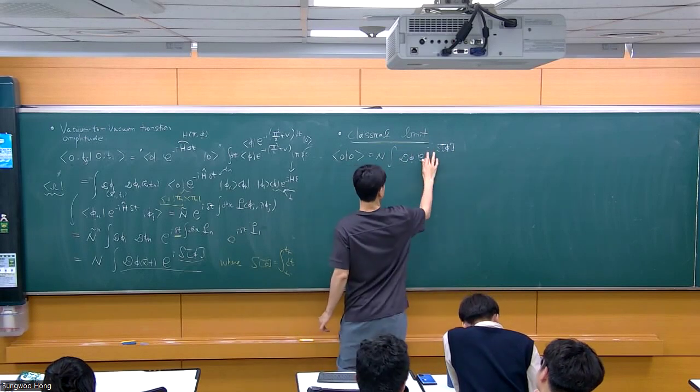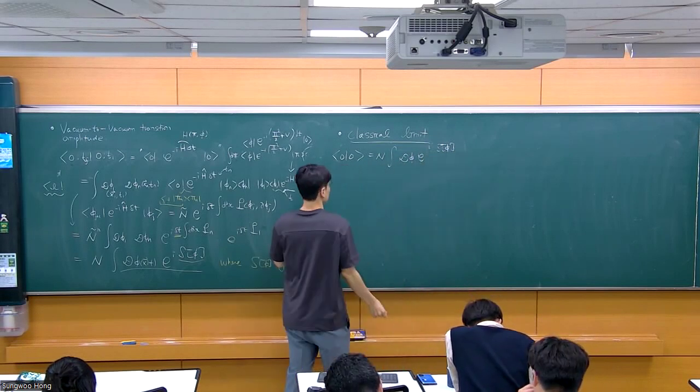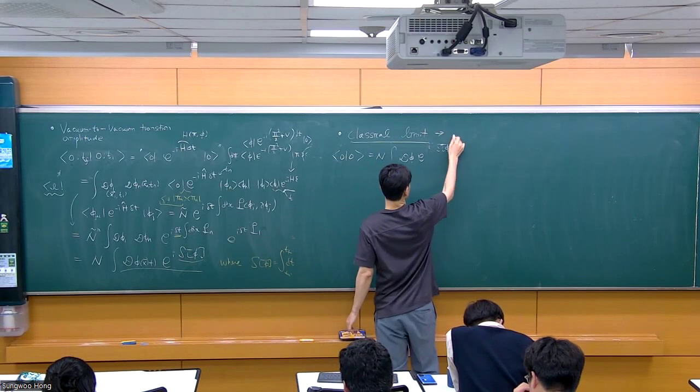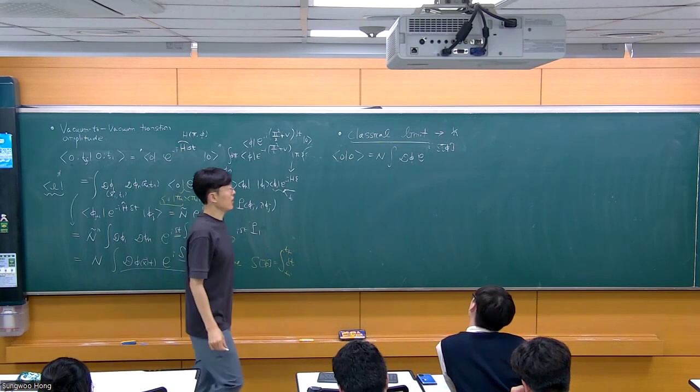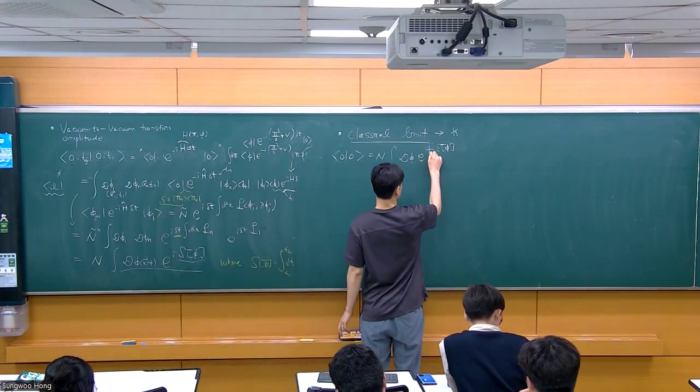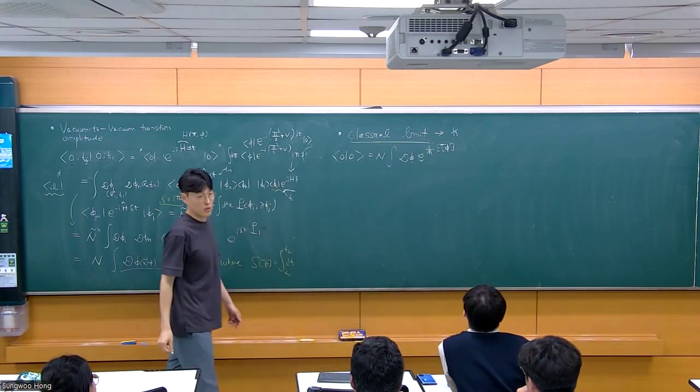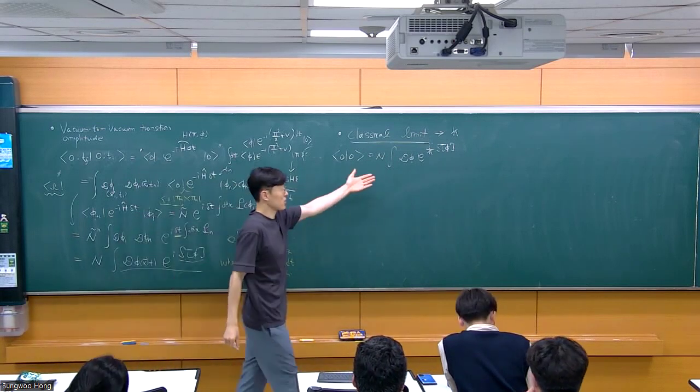In order to check the classical limit, we have to reintroduce H bar, and H bar appears like so, if you put it back correctly.